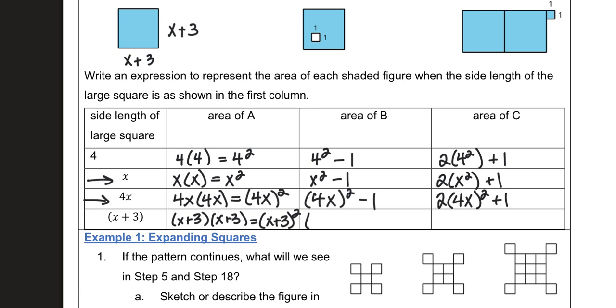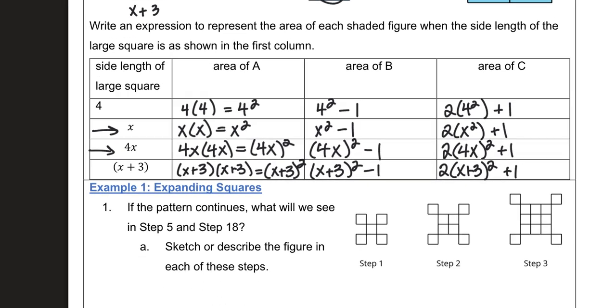And then for figure B, we have the same thing, (x plus 3) squared, subtracting that one little square from the middle. Figure C, we have 2 that are (x plus 3) squared, and then we're adding 1 on the end. Okay, so it's just to kind of help us visualize what's happening with these side lengths.